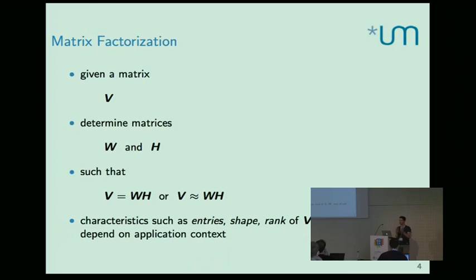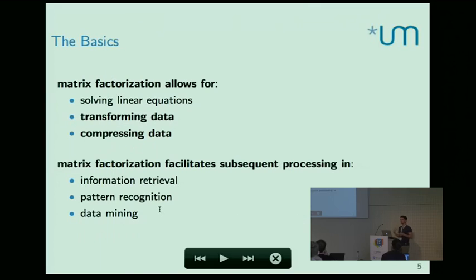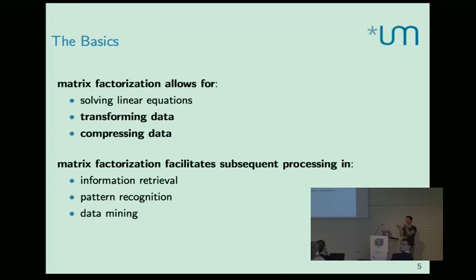So why the heck would you want to do that? Why do you want to represent some large matrix by some possibly lower-ranked matrices W and H? There are a couple of interesting things you can do with the matrix factorization afterwards, two of which I want to talk about in this talk. The first thing is that you can transform data by doing that. First you have the large matrix, and then you factorize it into two lower-ranked matrices.